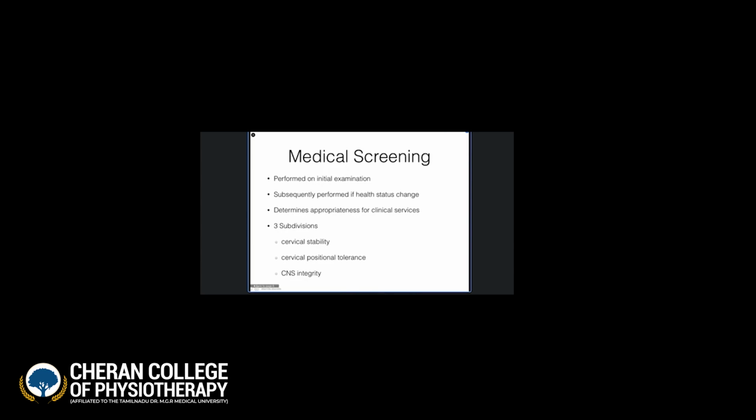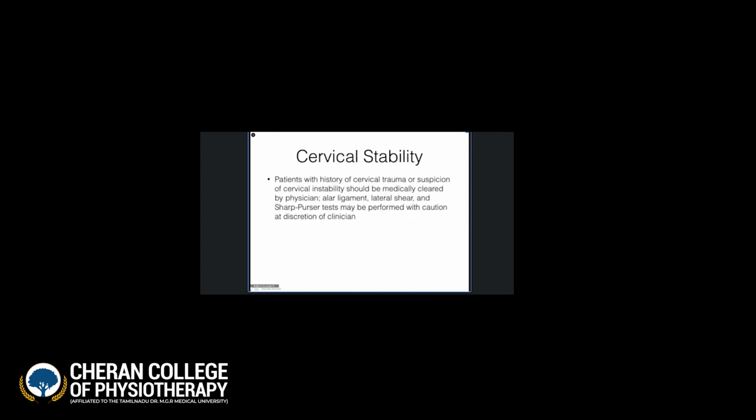It is divided into three levels: one is cervical stability, another is cervical positional, and another is CNS integrity. When you do the medical screening, these three are very major parts you should focus on. What is cervical stability?